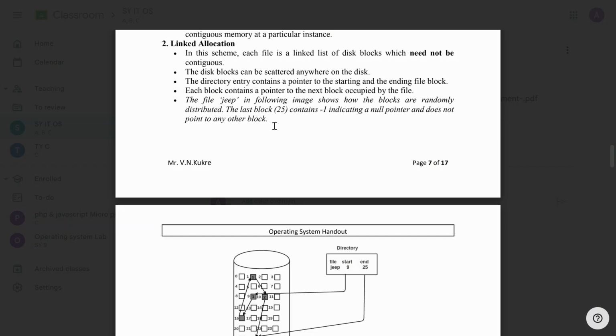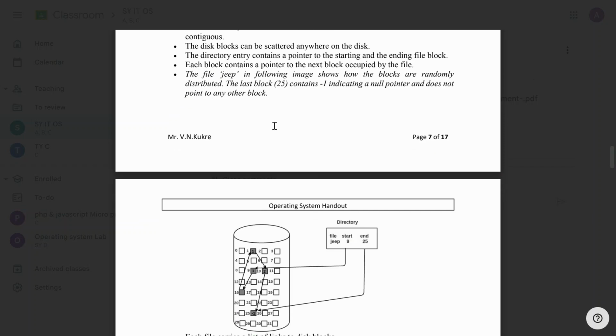The file zip in the following image shows how the blocks are randomly distributed. The last block, 25, contains a null pointer and does not point to any other block.